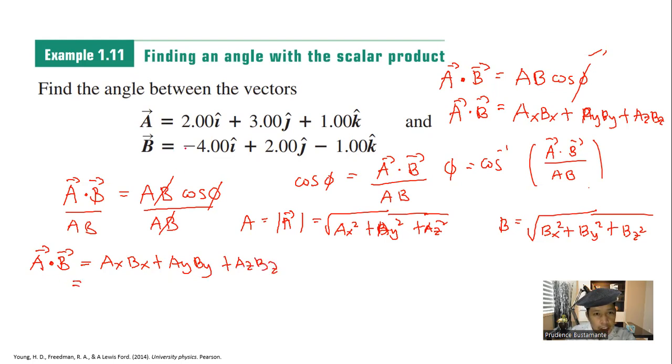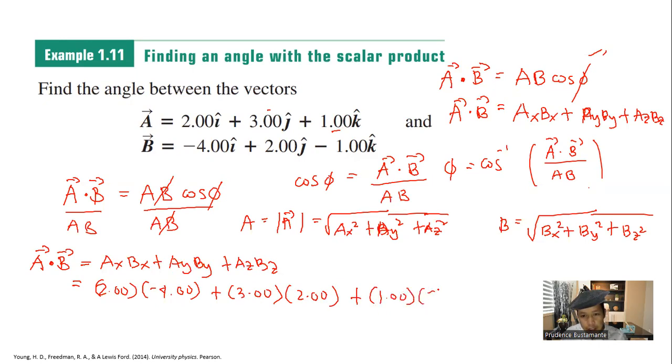So this is just equal to 2 times -4, this one, plus Ay, which is this one, 3.00 times 2.00, plus Az, this one, which is 1.00 times -1.00. So if you use your calculator, this is equal to -3.0.